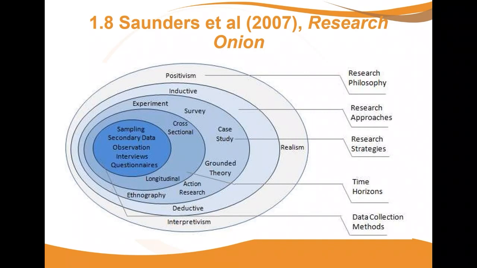Another way to depict your research design is called the research onion, and I've got the references for you at the end of the slide. You can go and look at them. Some students like presenting this in a very visual way, to say where you fit into this research onion, and the reason why it is called an onion. If you slice through an onion, it's got layers like that, and at the core is certain things, and so it goes on, but the one influences the other one.